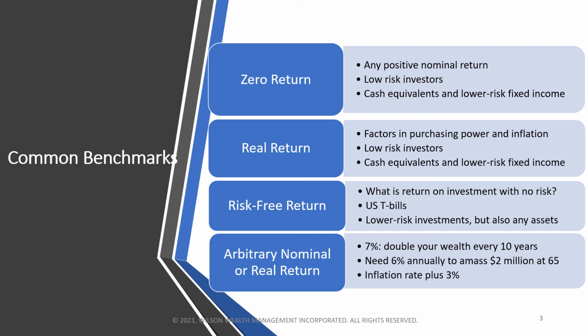But when we look at the next few episodes, we'll start drilling down and trying to get more applicable, relevant benchmarks for your portfolio. A 70% equities, 30% fixed income portfolio compared to the risk-free rate or the zero rate or some arbitrary rate does not make a whole lot of sense when you're trying to determine how you actually did.